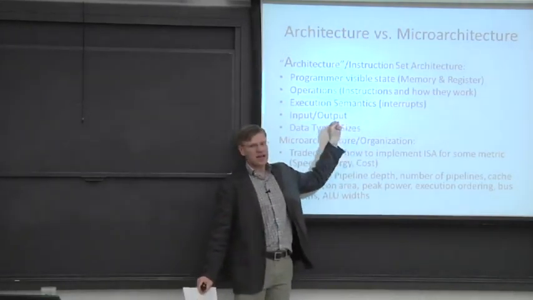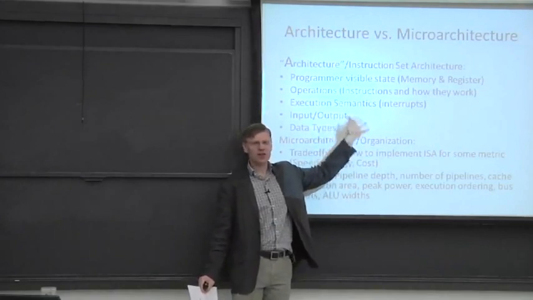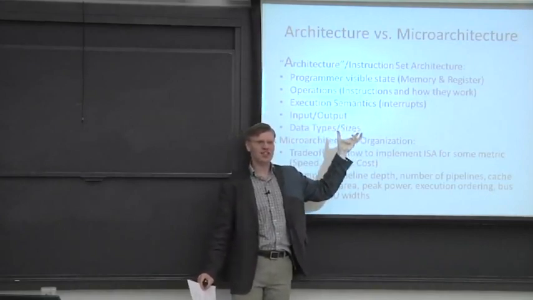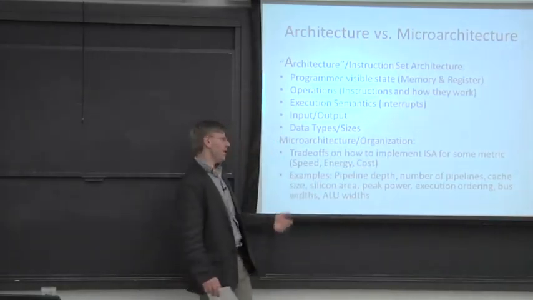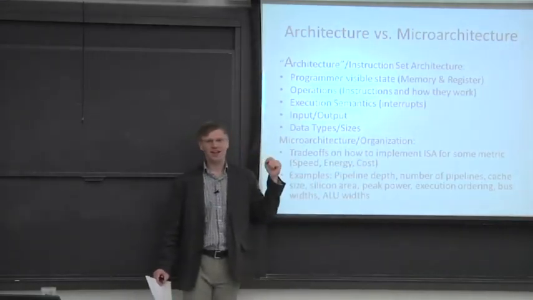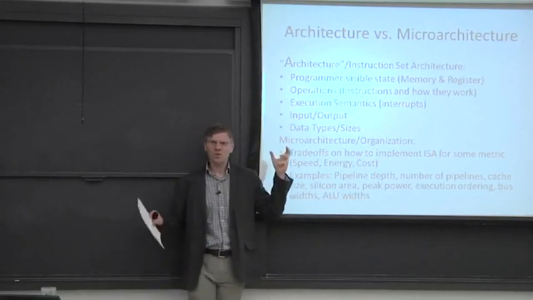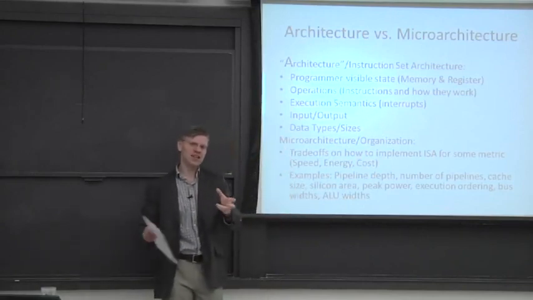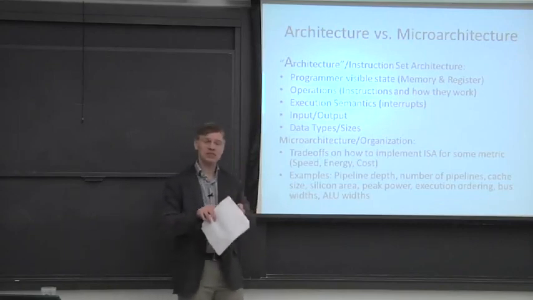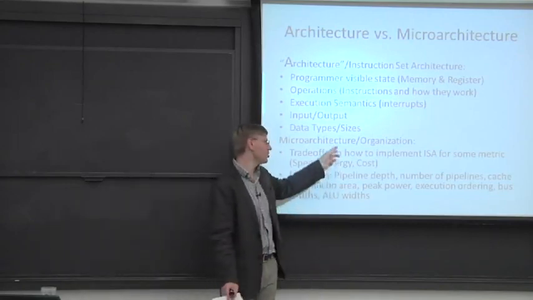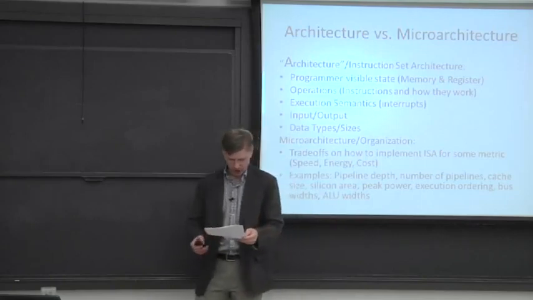And it says how a theoretical fundamental sort of machine executes programs. It does not say exactly the size of different structures, how fast those things will run, the exact implementation issues. That falls into organization.